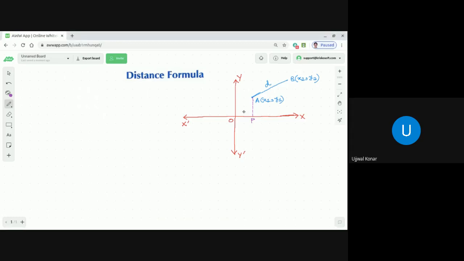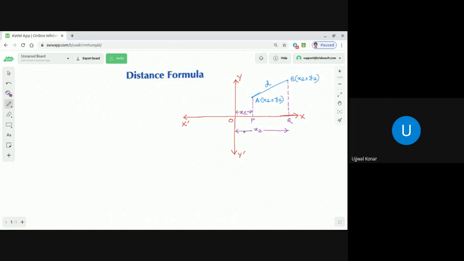OP is nothing but x1, correct? And similarly, from the point B, if we draw a perpendicular to the x-axis, and the foot of the perpendicular is Q, then what is OQ? OQ is x2. So this is x1 and this is x2.